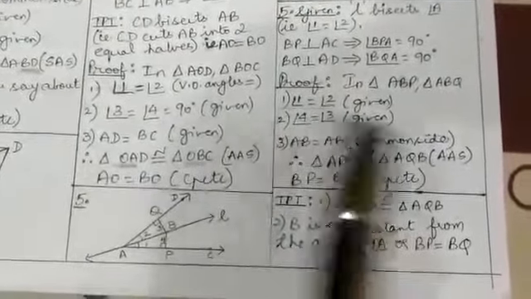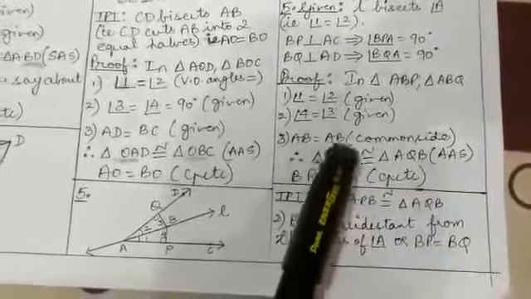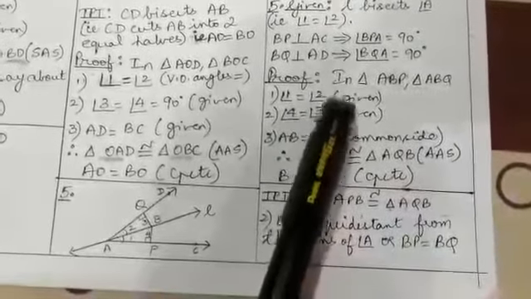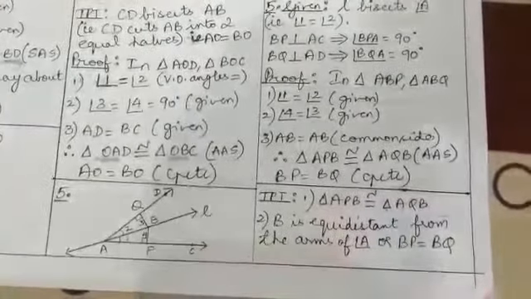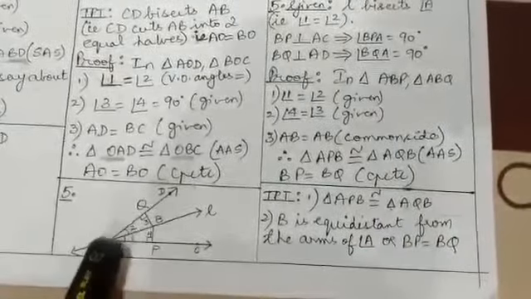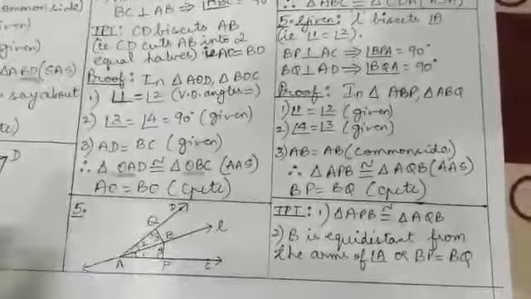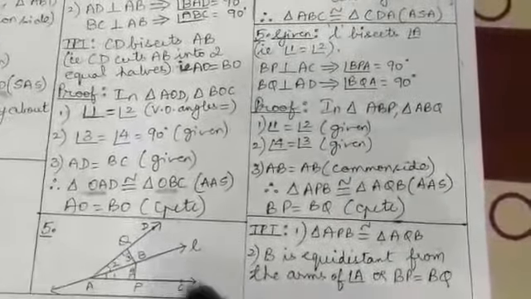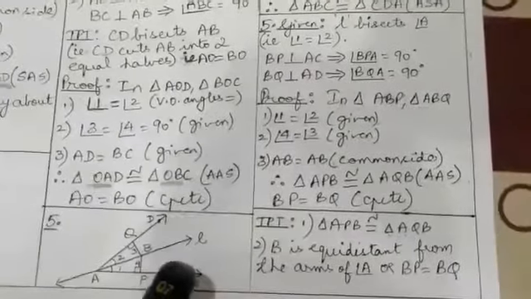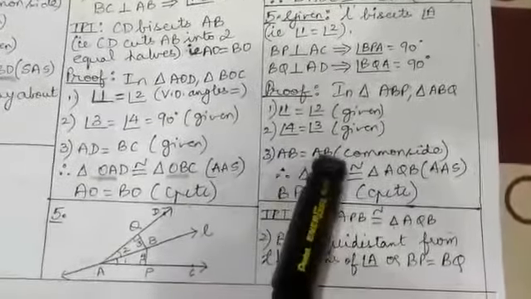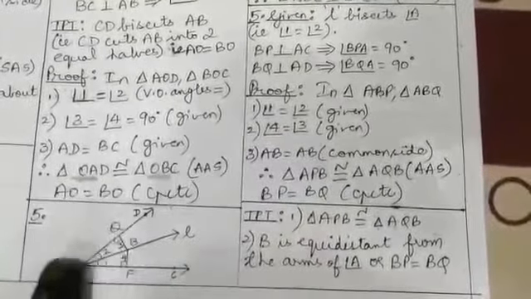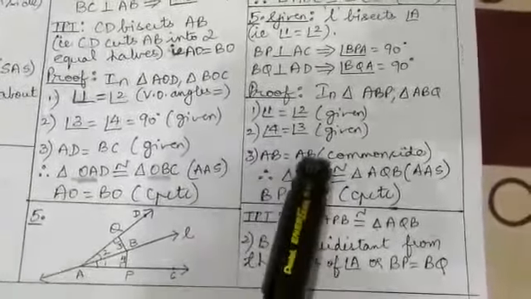Check out the other triangle. Is AB the included side between the angles 2 and 3? 2 and 3 contain the side AQ. So again AQ is not the included side in the other triangle. But we have AB here.